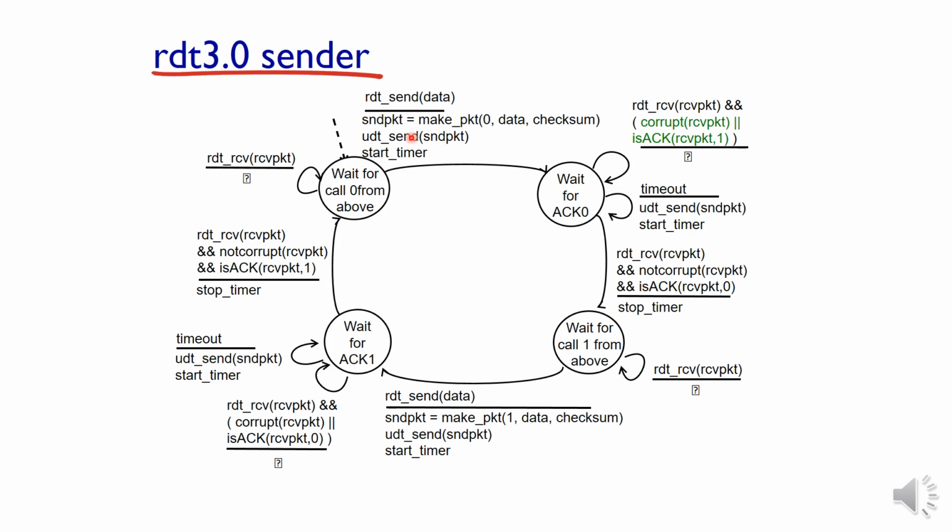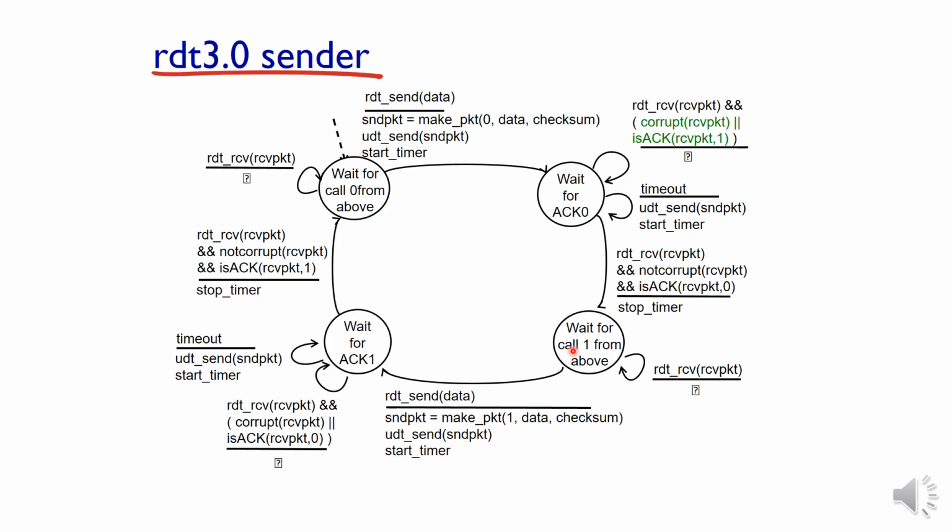After sending the packet, here we are introducing a timer concept, starting the timer. Similarly, in the other case, wait for call 1 from above, there also RDT send is invoked. Then packet 1 is created and sent. Then the timer is started.